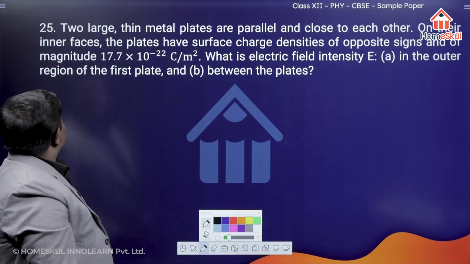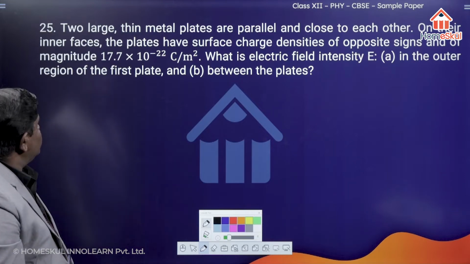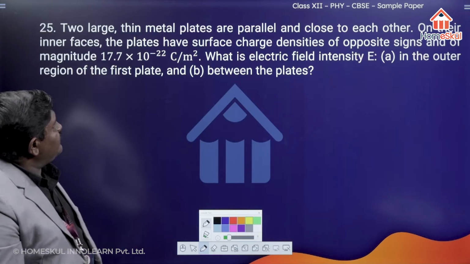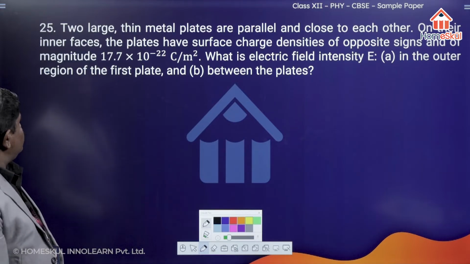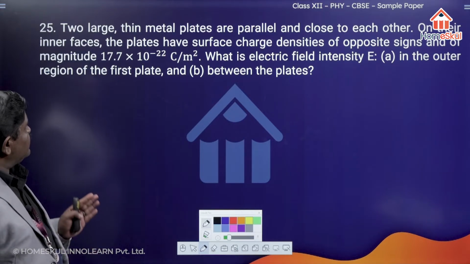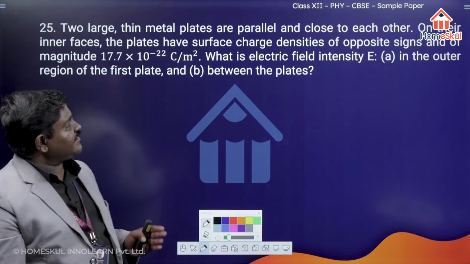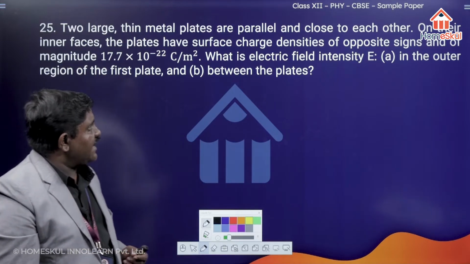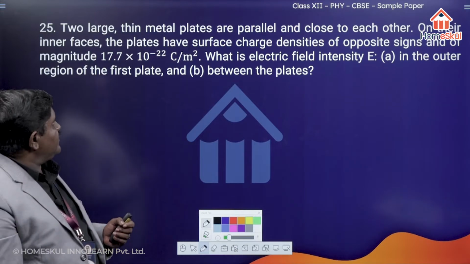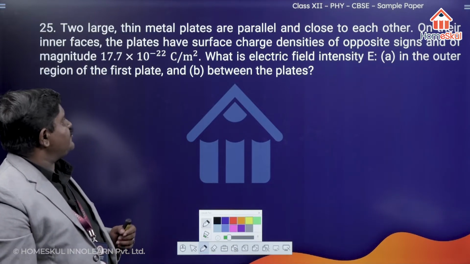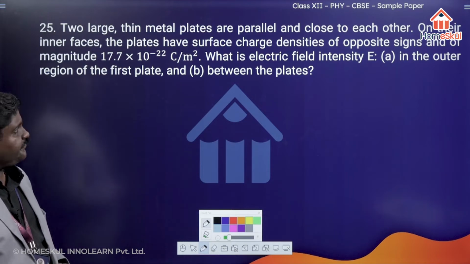Now this is question number 25. Two large thin metal plates are parallel and close to each other on their inner faces. The plates have surface charge densities of opposite signs and of magnitude 17.7 into 10 raised to minus 22 coulomb per meter square.